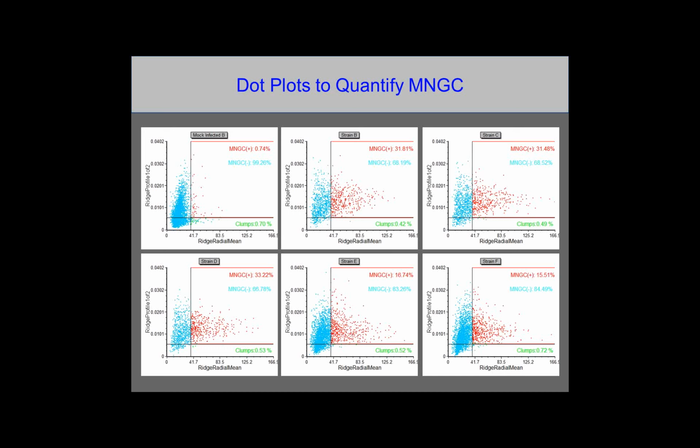We repeated the same for all the other strains, and you can immediately see here that the different strains create MNGCs at different levels. These four, the positive strains, and these other three strains create MNGCs at a high level, whereas these two strains form MNGCs at a lower level.